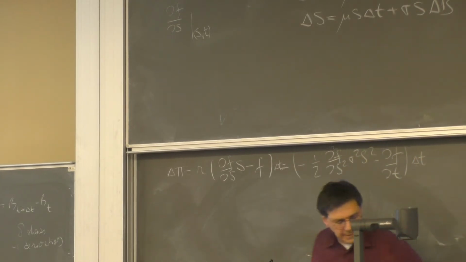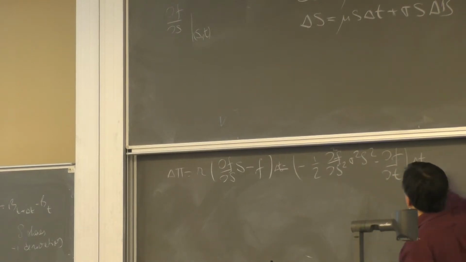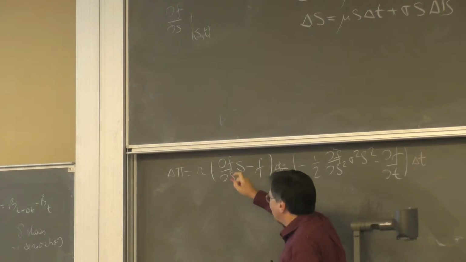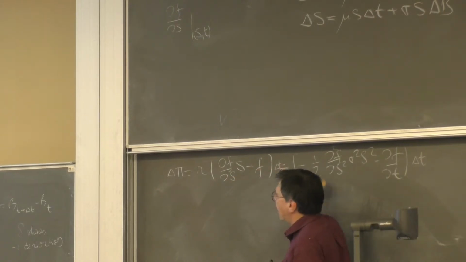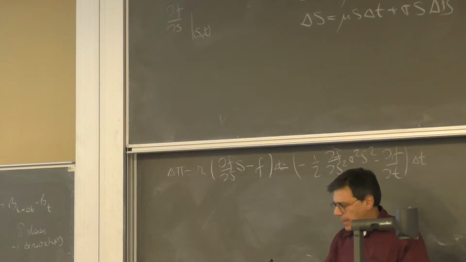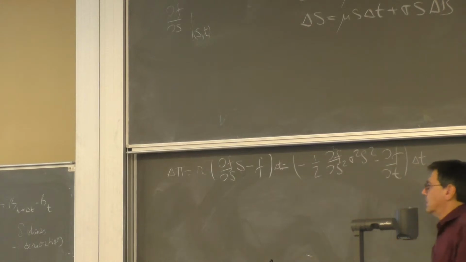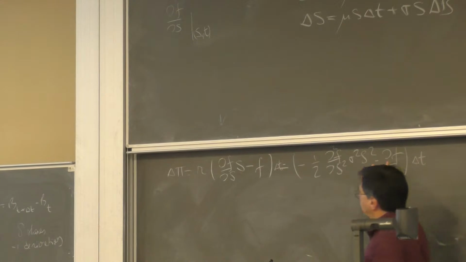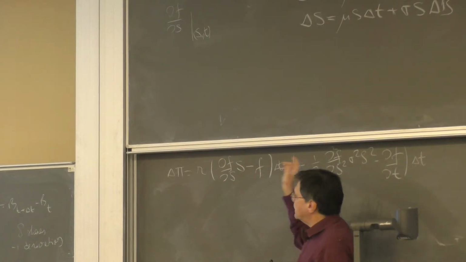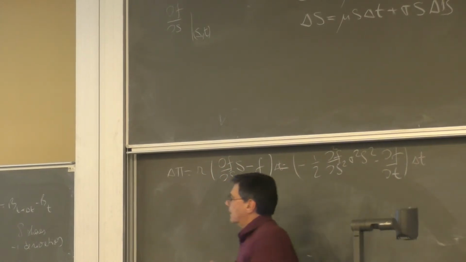I can go to the delta t's and cancel them, and I'm getting the equation that says that this is equal to that. And now I'm going to rearrange these terms, and I'm going to end up with this differential equation. So if you bring all this to the other side, and you take this r times minus f to the other side, we're going to get this equation.